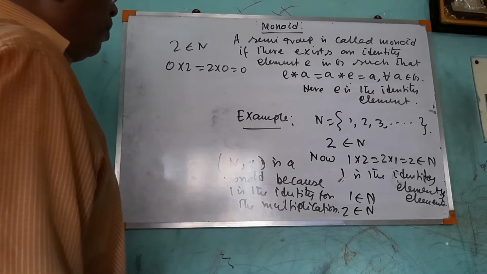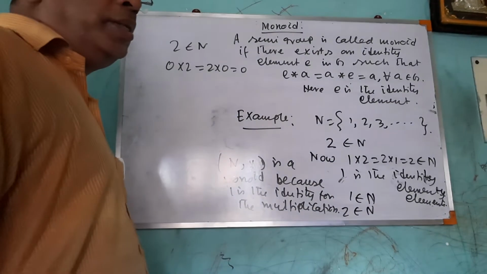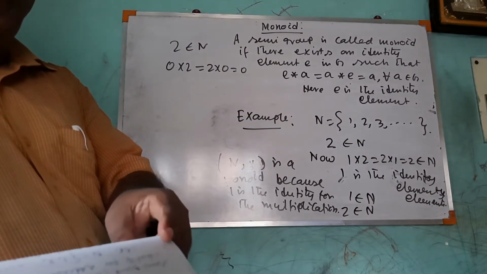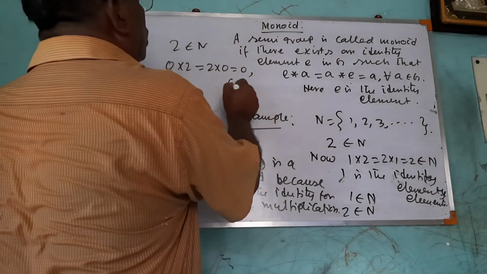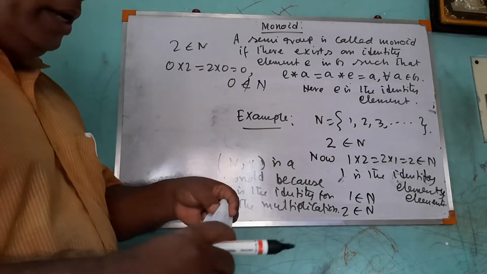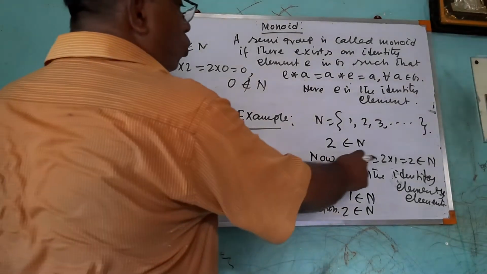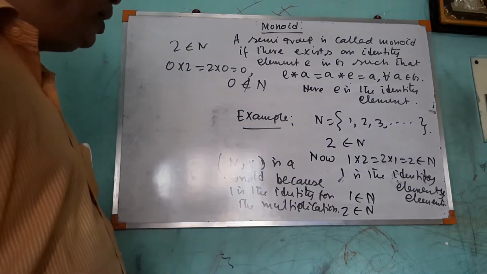But you see, 0 does not belong to the natural numbers. So an additive identity 0 is not possible, as 0 does not belong to capital N. But 1 into 2 equals 2 into 1 equals 2, which belongs to N. So 1 is the identity element.